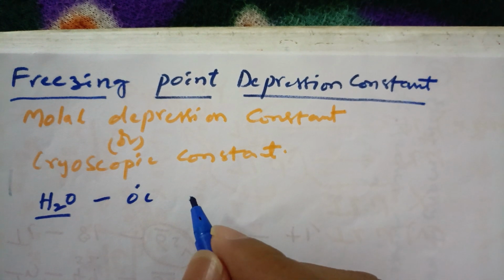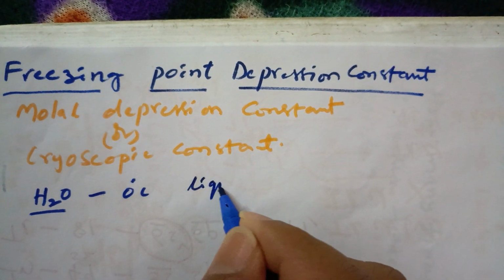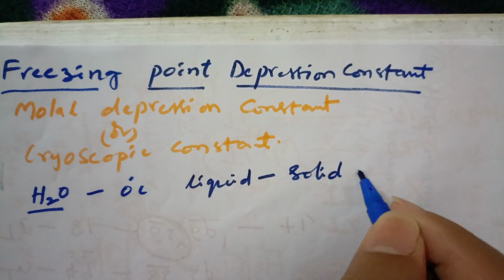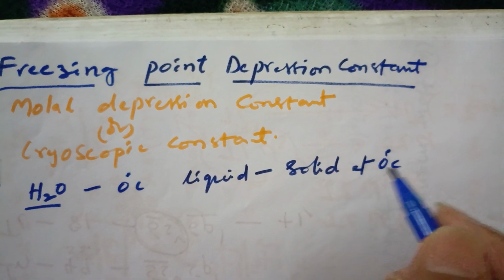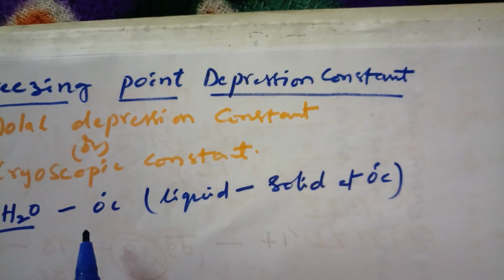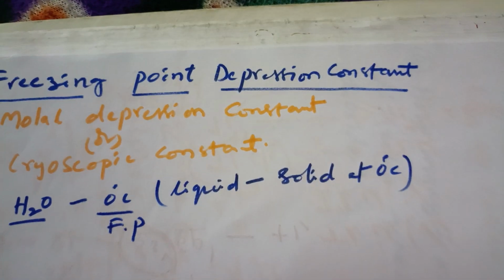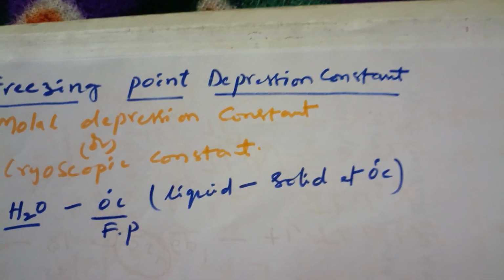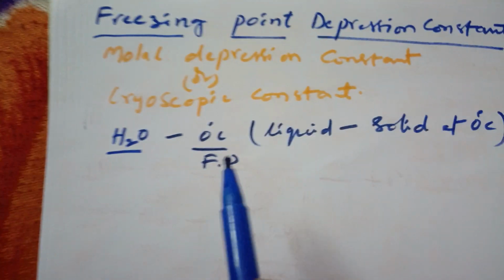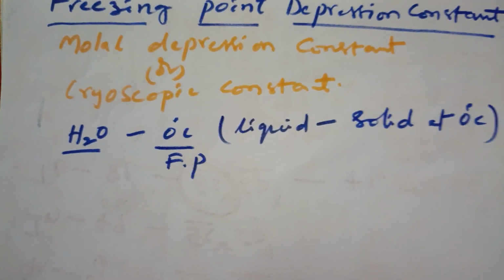That means it will convert from liquid to solid at 0 degrees centigrade temperature. This 0 degrees is called the freezing point of that solvent, water.